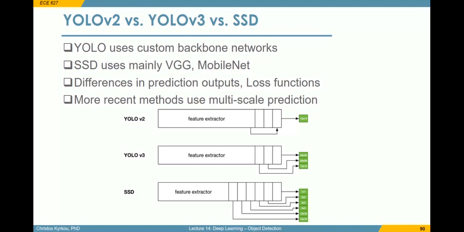So overall, they have differences in the way they predict their outputs, the objectness score, which is not present in SSD, and the loss functions are different, but the most recent versions look more and more similar.